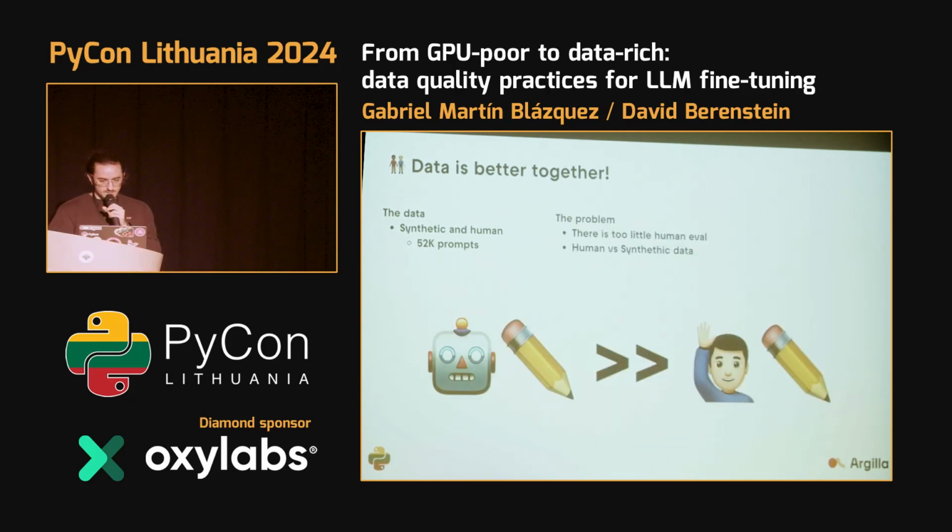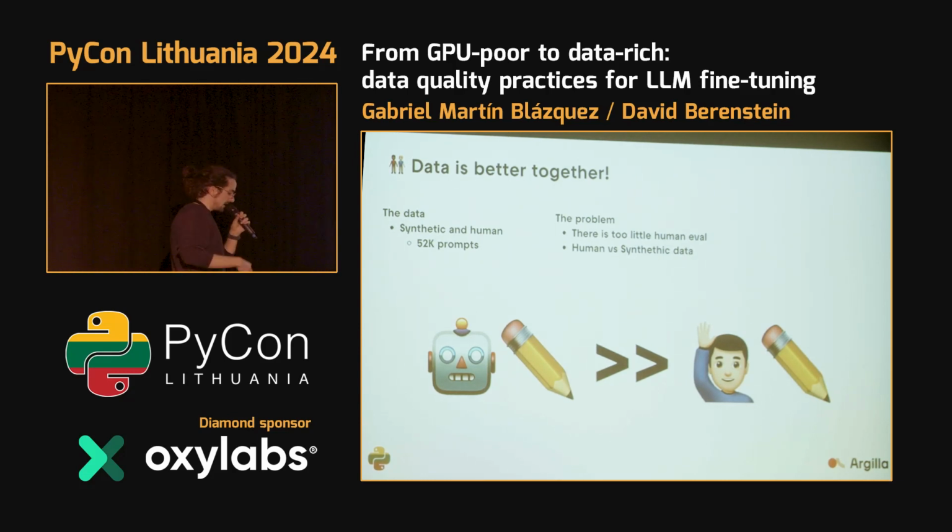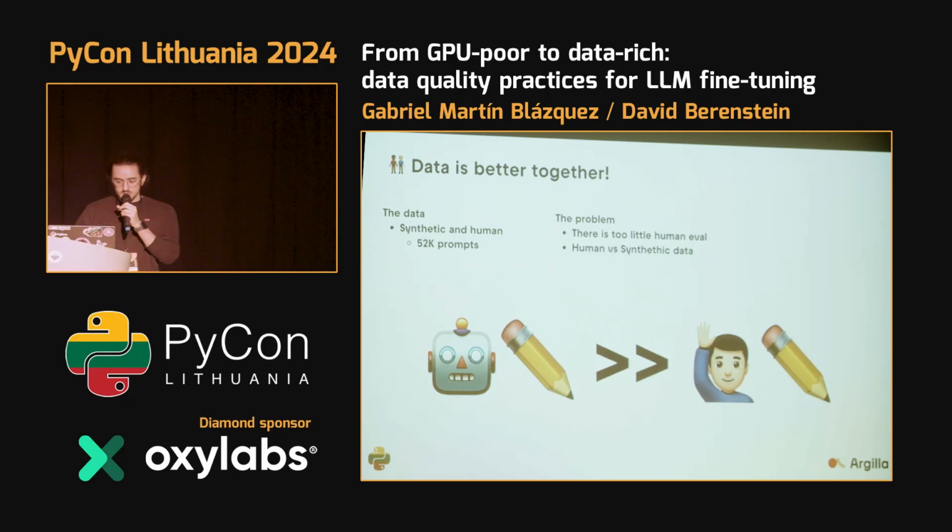The problem is that, as I mentioned before, in the last months there has been a lot of effort on developing synthetic methods to generate data, but not so much human effort. So what we wanted is to annotate these prompts using humans.